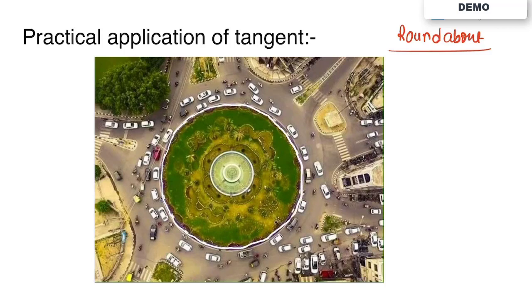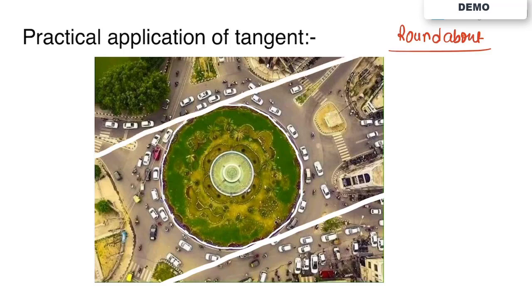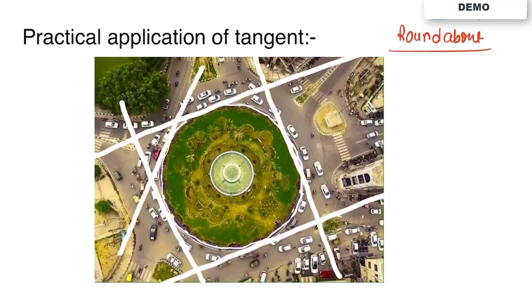And how many tangents are we drawing? You are drawing this route. This is also a tangent. The car coming from this side would be able to go to that side. The car coming from this side would be able to go to that side. So you are able to go in an infinite number of directions wherever you want. So this is the practical application of the tangent.